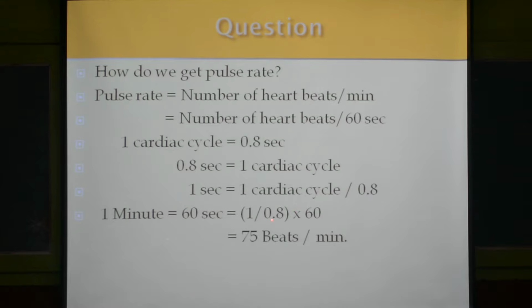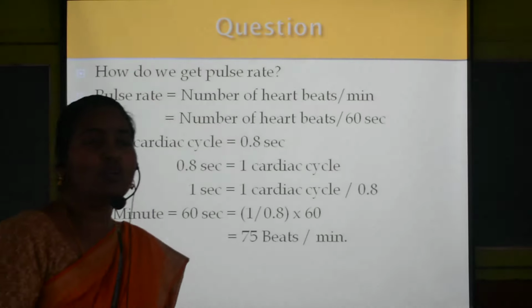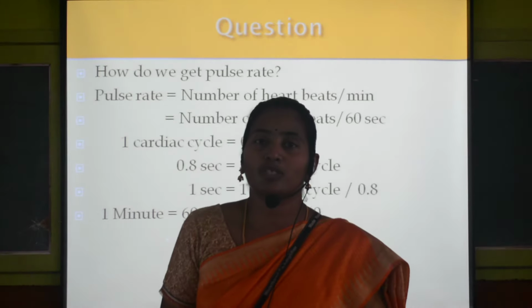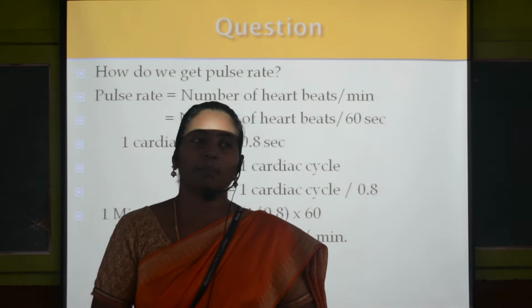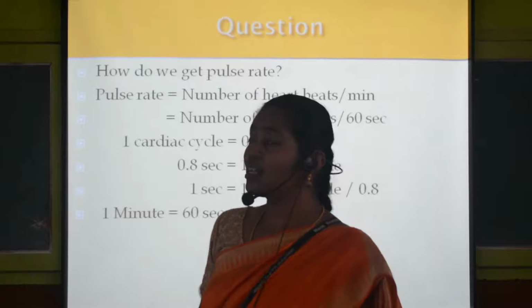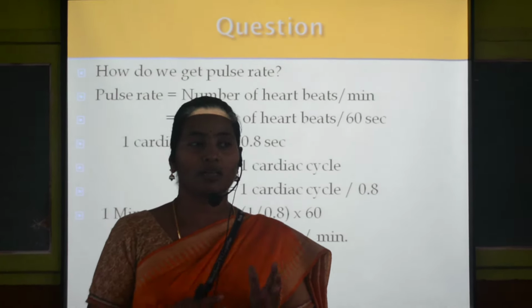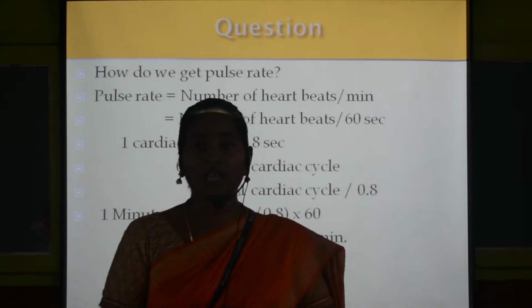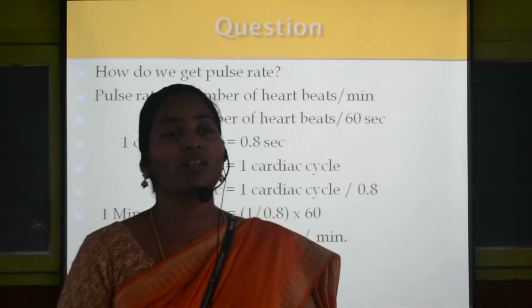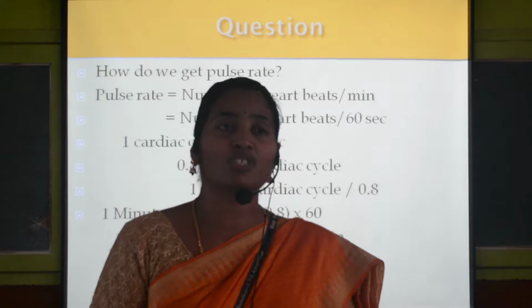So 1 by 0.8 into 60. If we do this, we can get the correct beats per minute, that is 75 beats according to numerical calculations. We will get 75 beats per minute. Okay, children. So this is the complete process of the cardiac cycle and how we can observe the rate of pulse. I think you have clearly understood the topic.